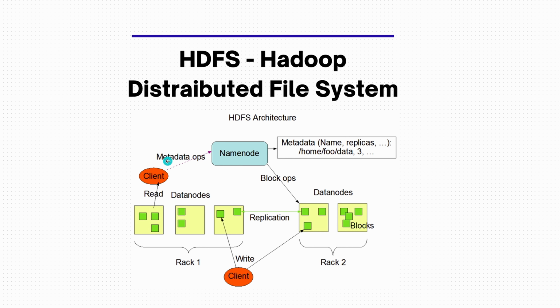We have the client here, and we have the data nodes. So instead of calling them chunk nodes, we call them data nodes here, and we have a replication operation going on between two data nodes.